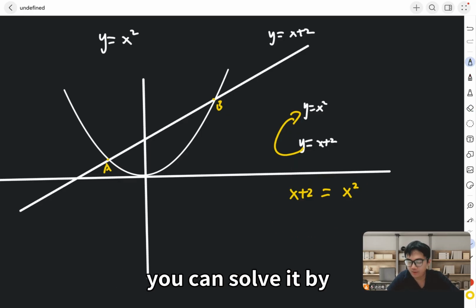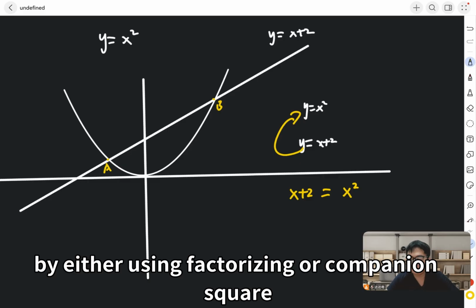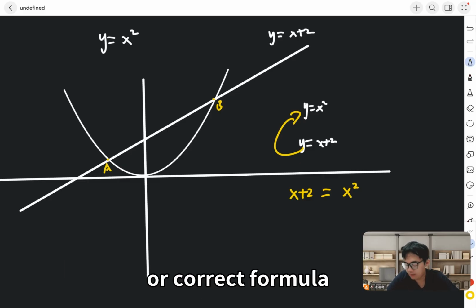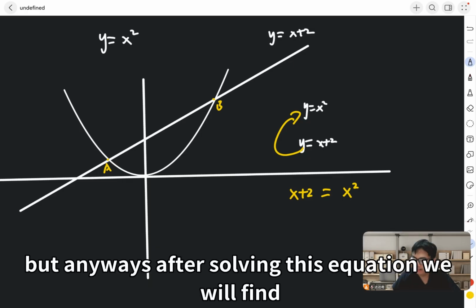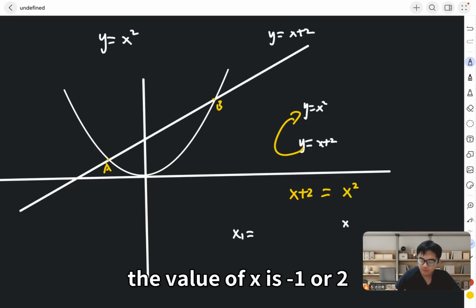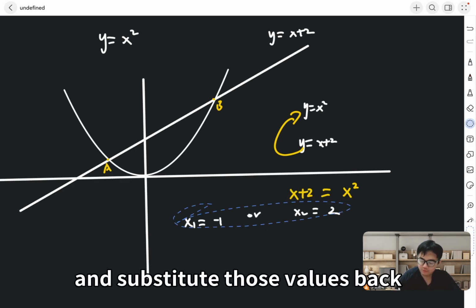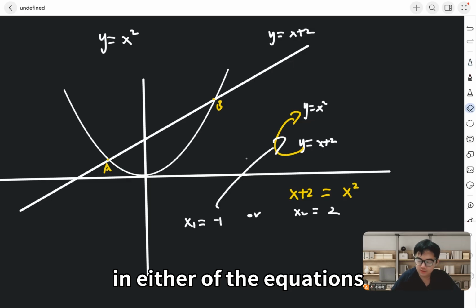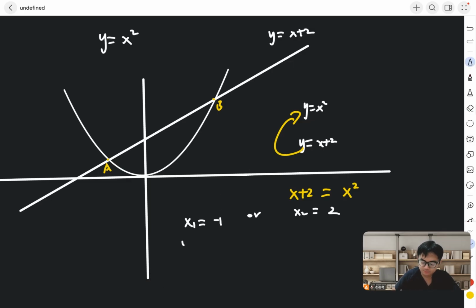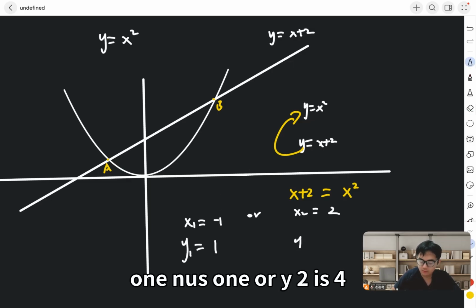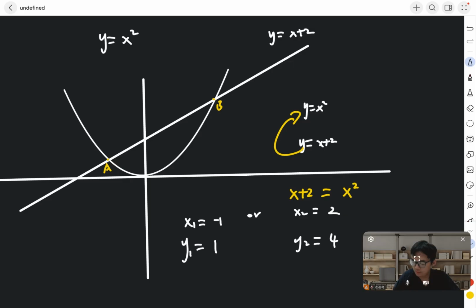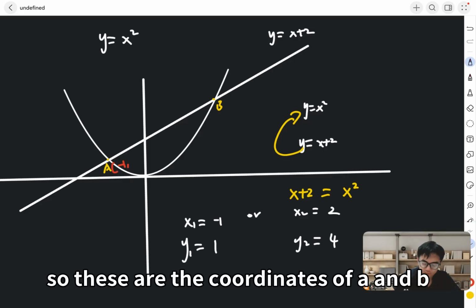You can solve it by factorizing, completing the square, or the quadratic formula. But anyway, after solving this equation, we will find the value of x is -1 or 2, and substituting those values back into either of the equations, we will get the value of y. y1 is 1 or y2 is 4. So these are the coordinates of A and B.